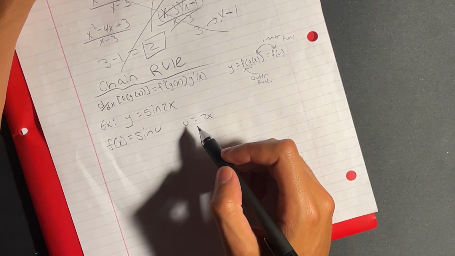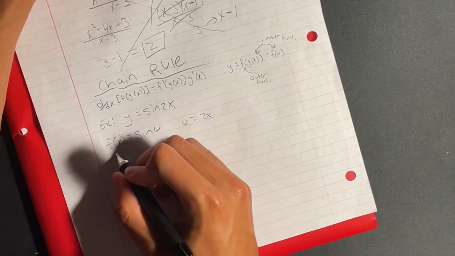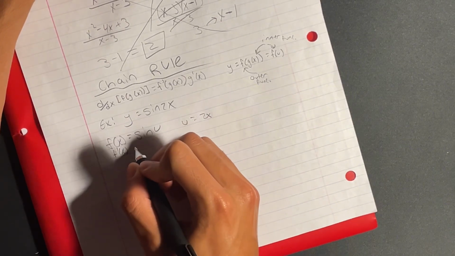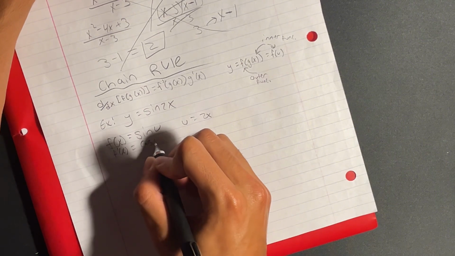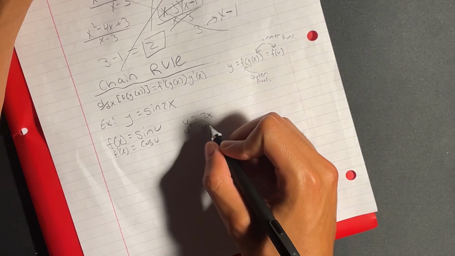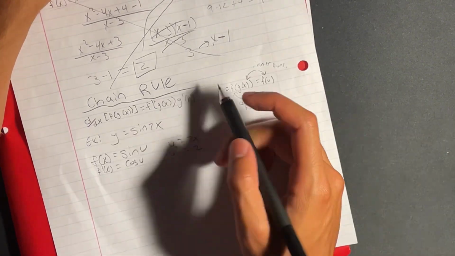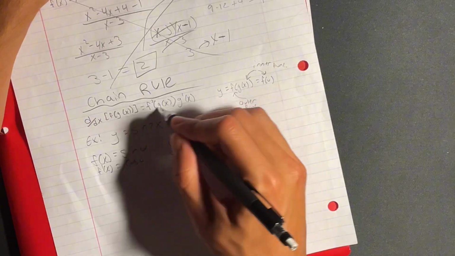And now we're going to actually find the derivatives of this. The derivative of sine is going to be cosine u, and the derivative of u, or g of x, is going to be 2. Then we plug it into the rule.